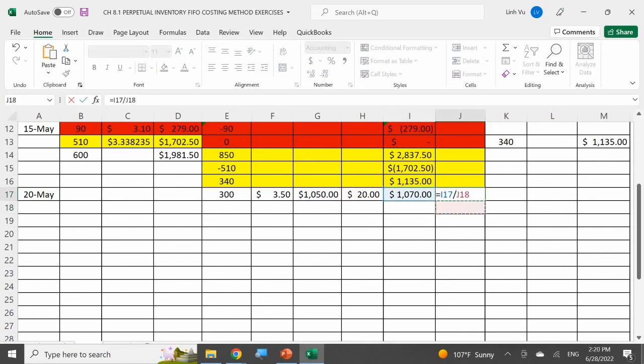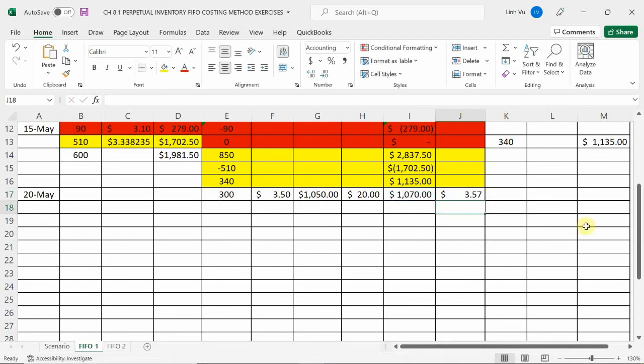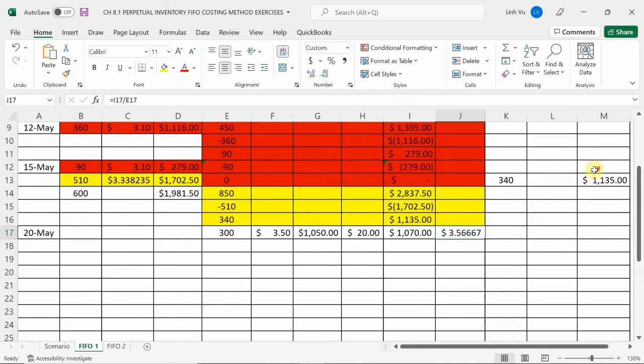And then what is my cost per item here? Okay, I get 3.56666666. Okay.